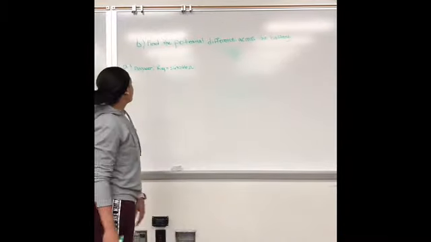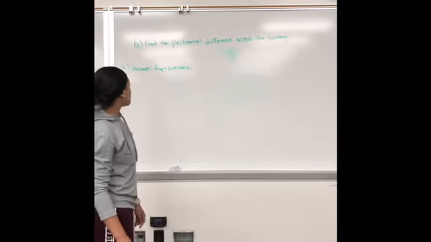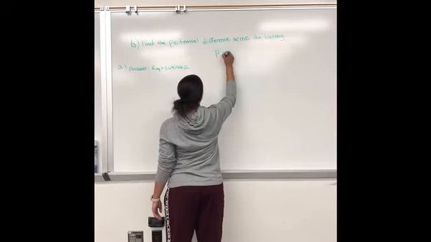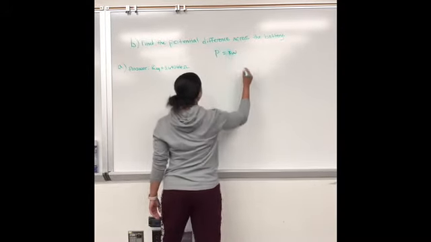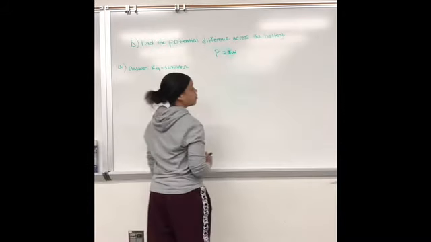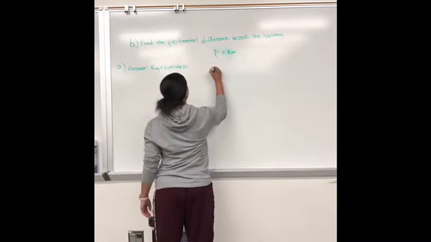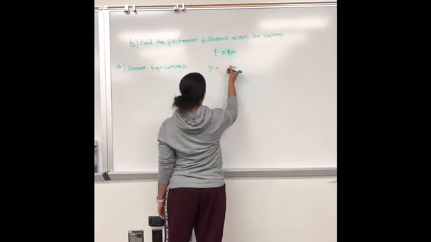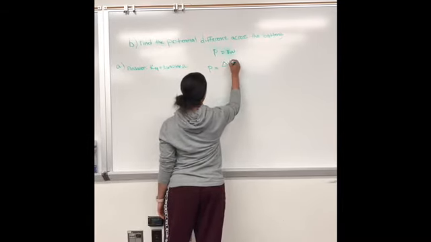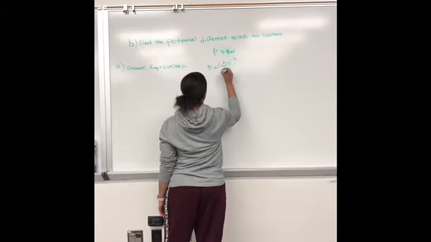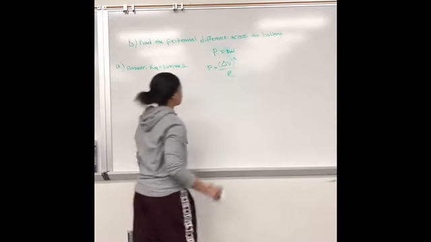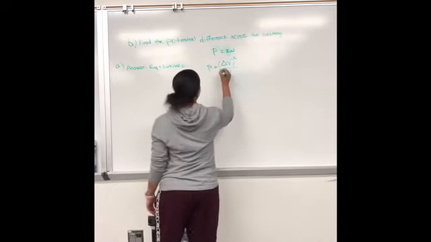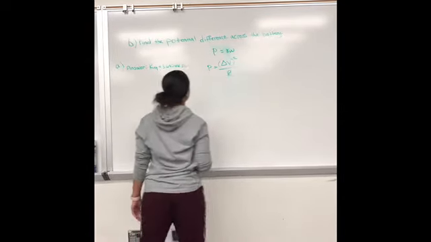In problem B, find the potential difference across the battery when we're given power, which is P equals 8 watts. With the formula for potential difference, power equals delta V squared over R. With this equation, we have to manipulate it so we can get the delta V by itself.